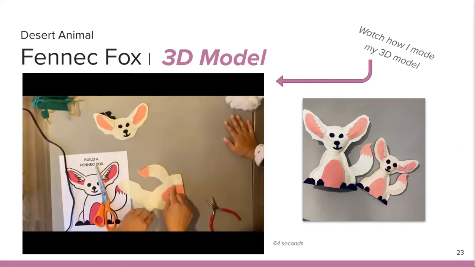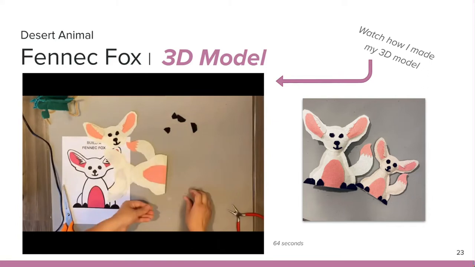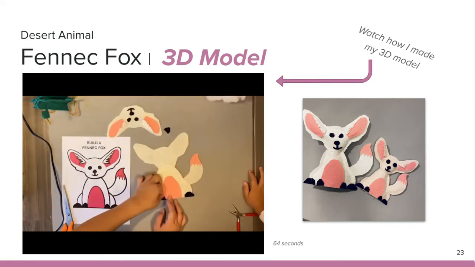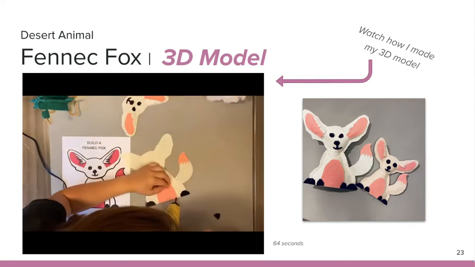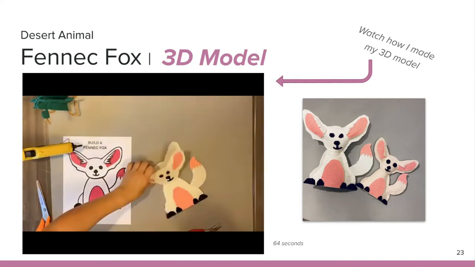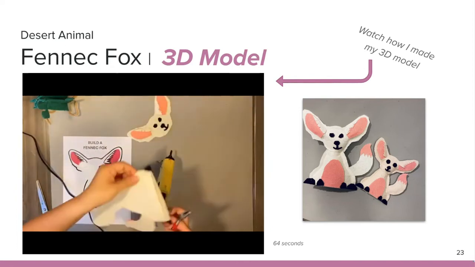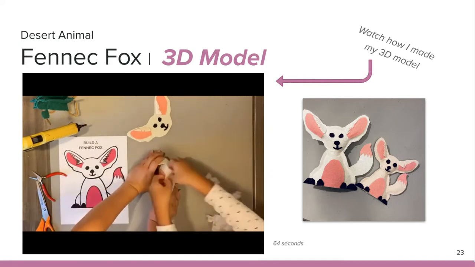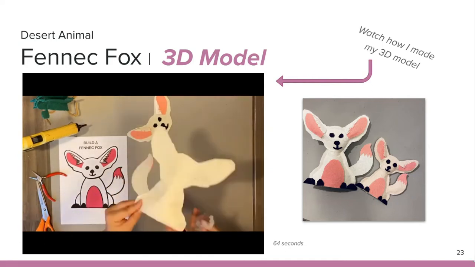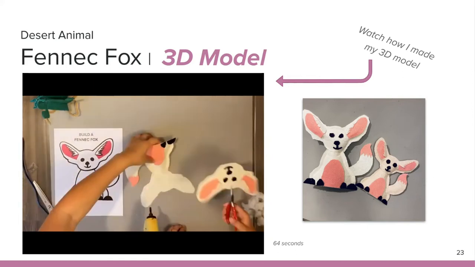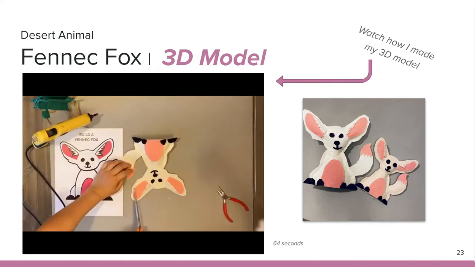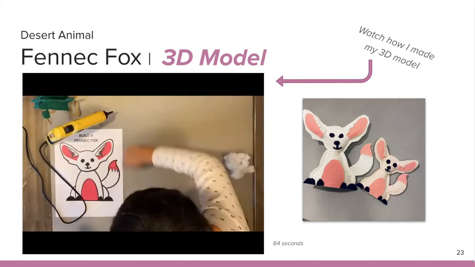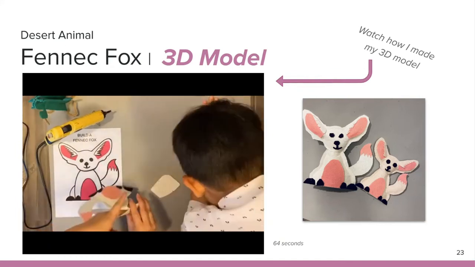And this was the part that took the longest. Those little black things are my eyes and legs for the basin. I'm putting cotton in it to make it poofy. Still stuffing it in, and then I glued it back up and it's done.